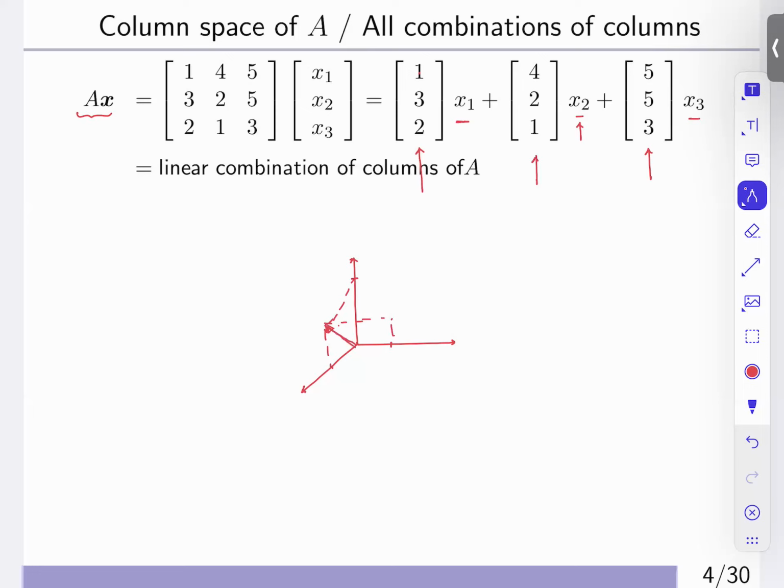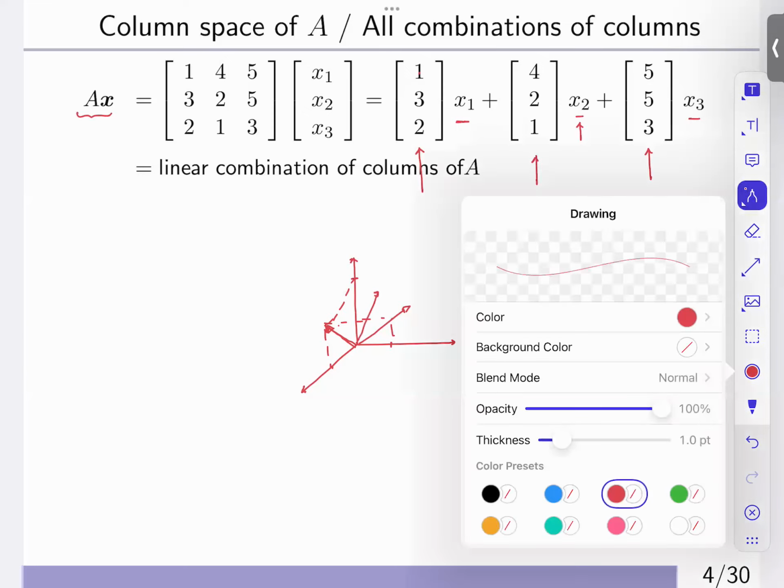If I similarly plot the second vector, something like this, and similarly plot this third vector, this entire space that is spanned by these vectors is actually, let me show you this space. This is this space.